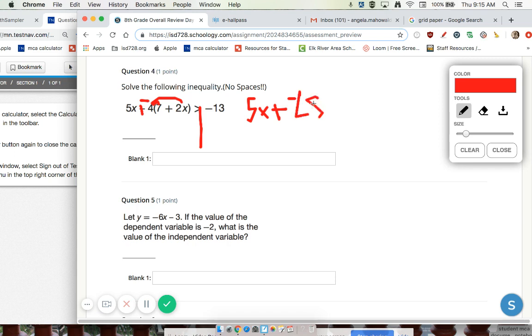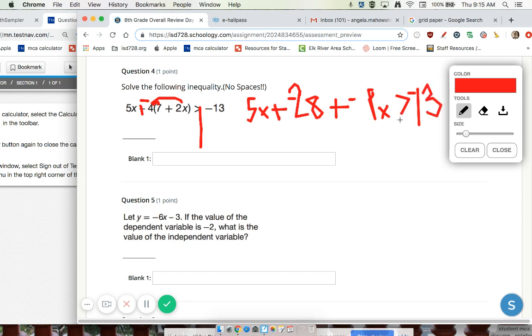Okay, and then plus negative 4 times 2 is a negative 8x. Is greater than negative 13.